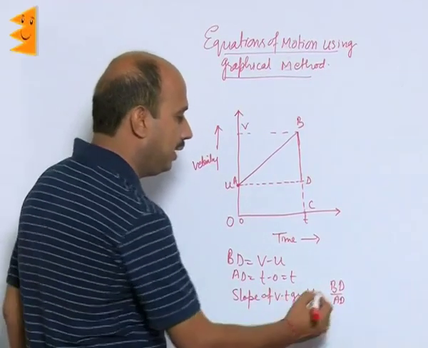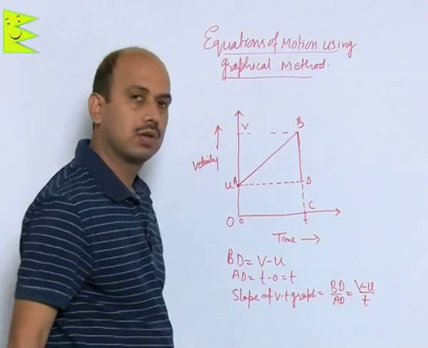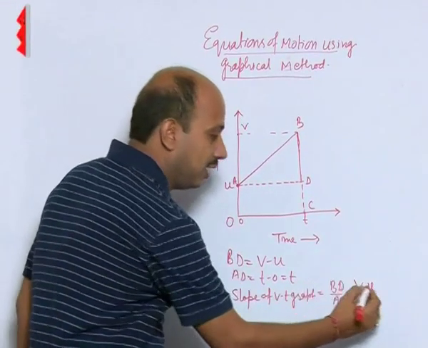Here BD upon AD is equal to V minus U upon T, which is equal to acceleration.